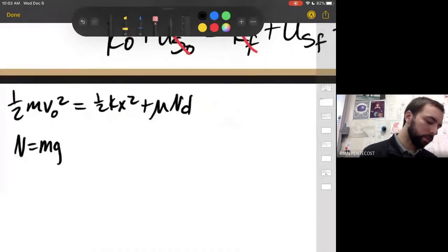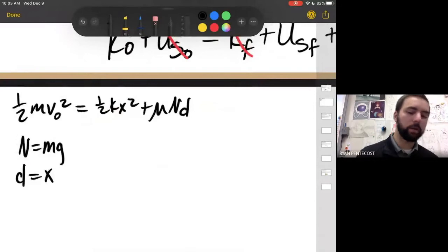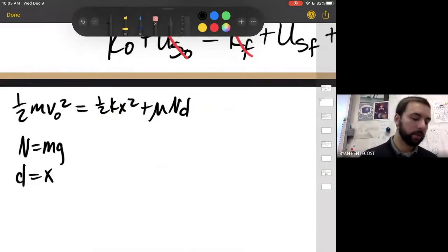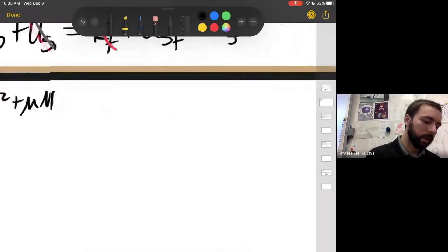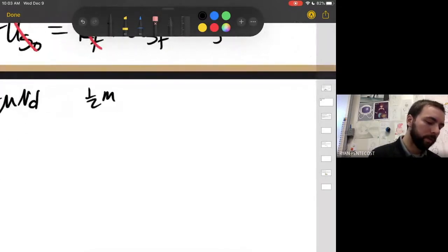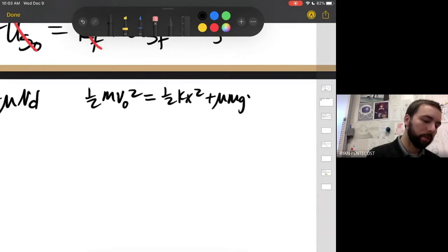The distance traveled is also the distance compressed, so we'll just call everything x. So let's rewrite this as 1/2 mv naught squared equals 1/2 kx squared plus mu mgx.